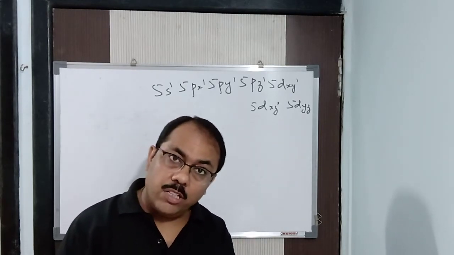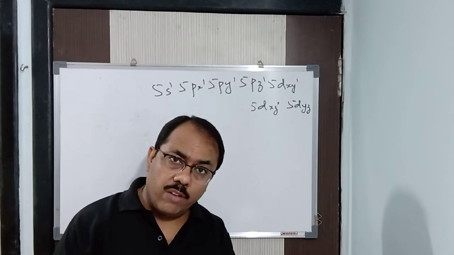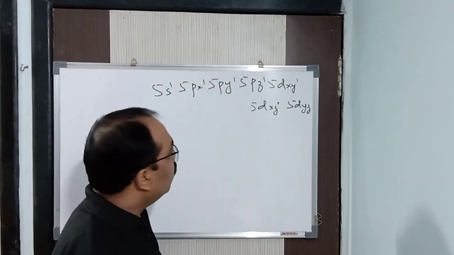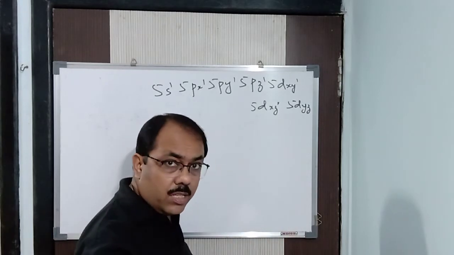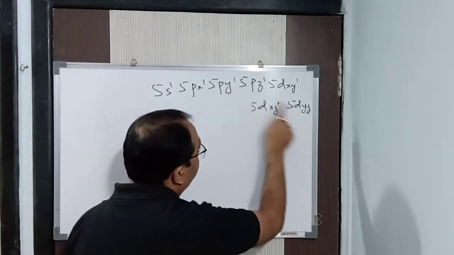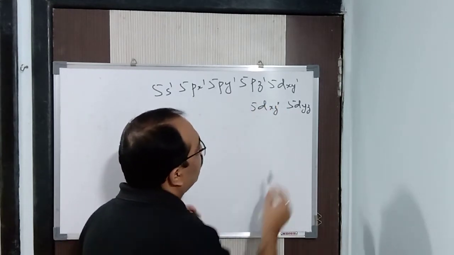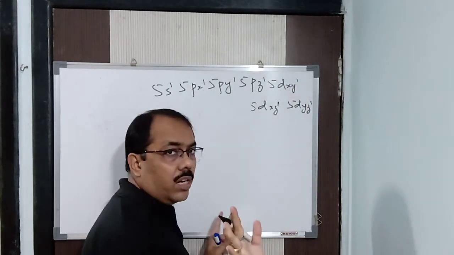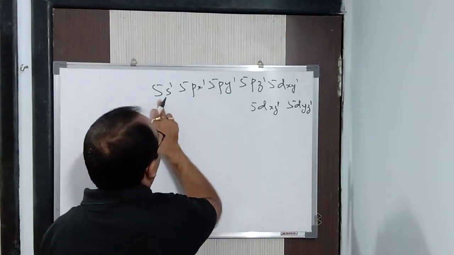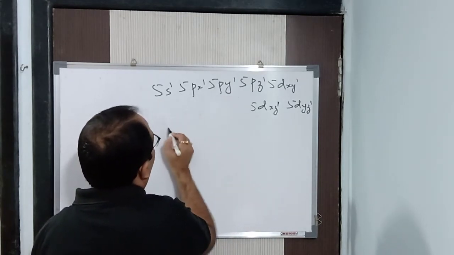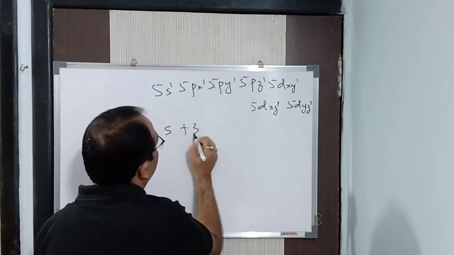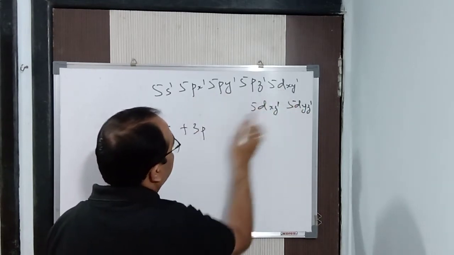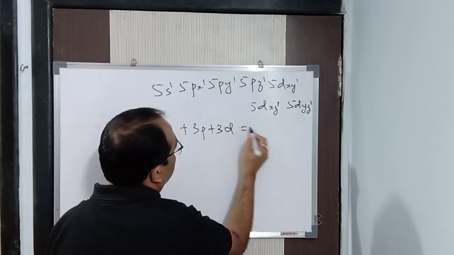Already I have talked about the 2, that is dx square minus y square and dz square. They are axial. Now, those 2 have the same energies, and these 3 have the same energies because these 3 are planar. Understood. So in this way, you can see the 5s subshell, 5p subshell, and 5d subshell. So, as a result, what is that?